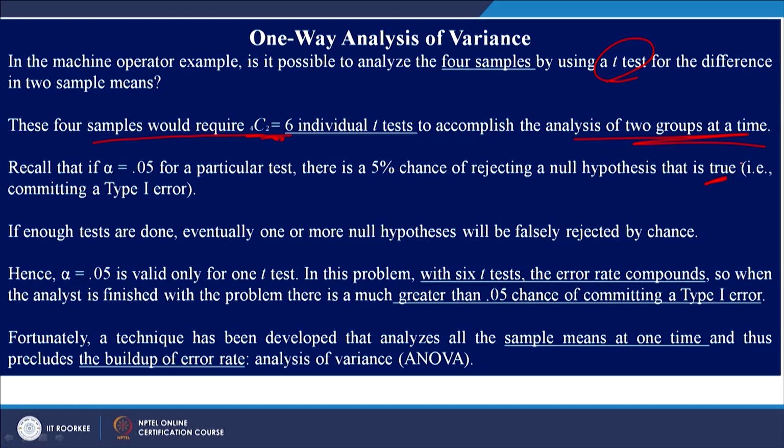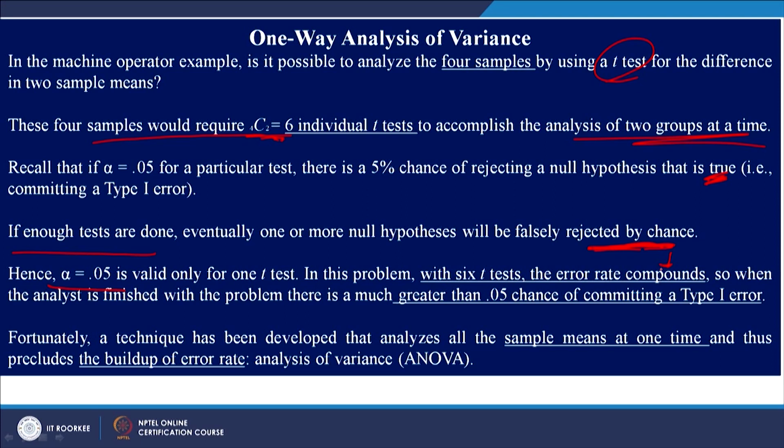So, if you perform 6 tests, then the probability of error would increase, is it not? If enough tests are performed, eventually one or more null hypotheses will be falsely rejected by chance, right. So, with 6 tests the error rate compounds, and there is a possibility of having more and more error.